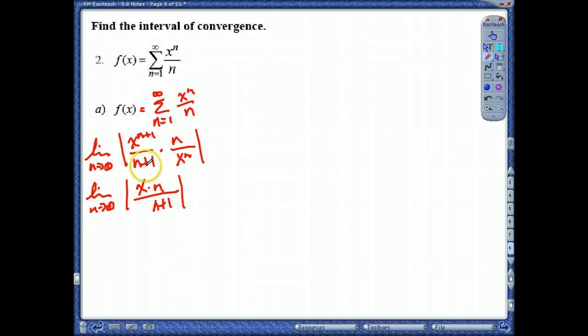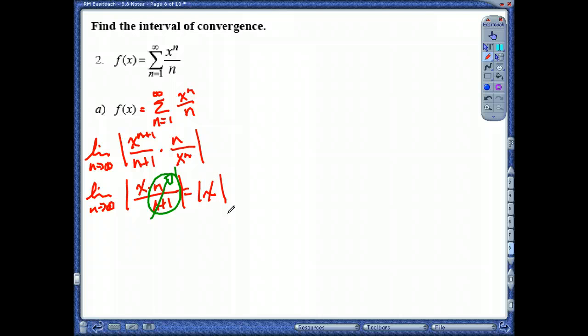Now remember, you've got n plus 1, so you can't cancel that n; it just doesn't work that way. So when I'm looking at this limit right here, I could rewrite this as the absolute value of x times n over n plus 1. Well, this guy right here is going to 1. So this limit is going to the absolute value of x.